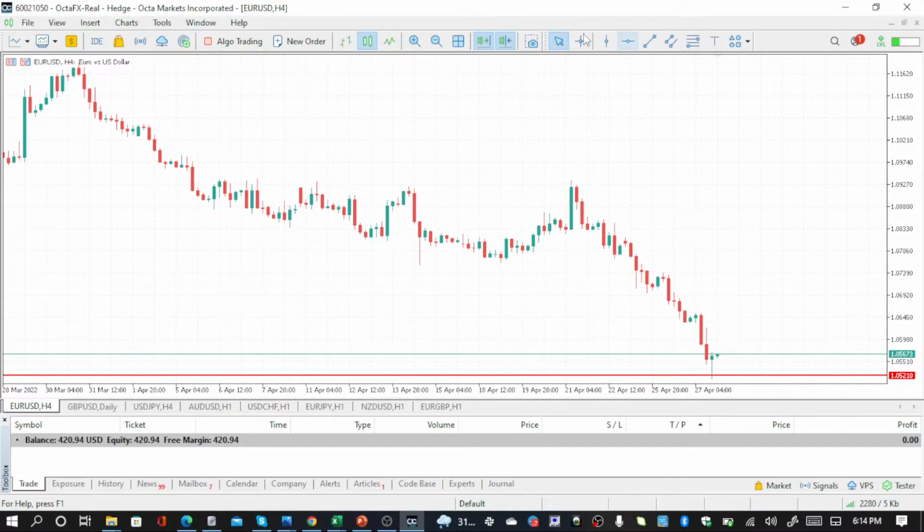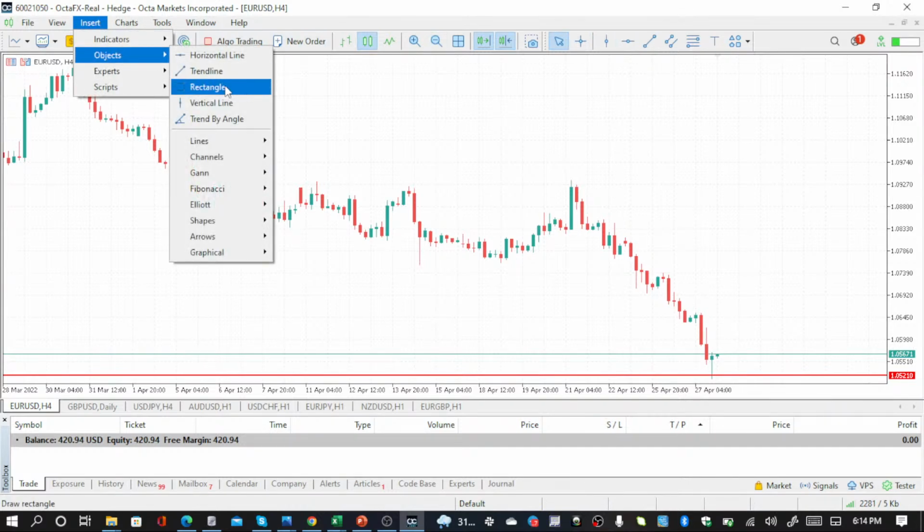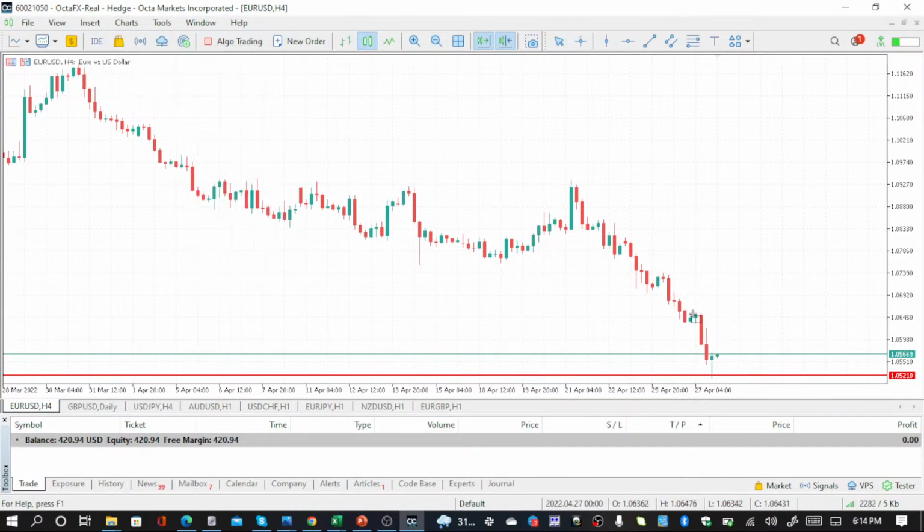Now if the green candle closes above this level, let me use an object on this. Good. If the green candle closes above the red line, then we would buy.